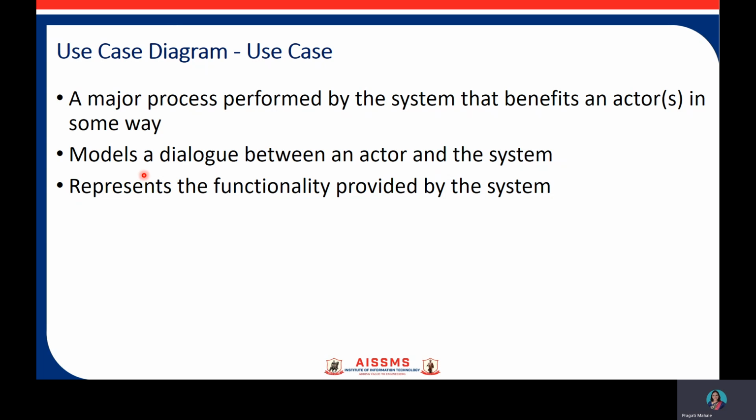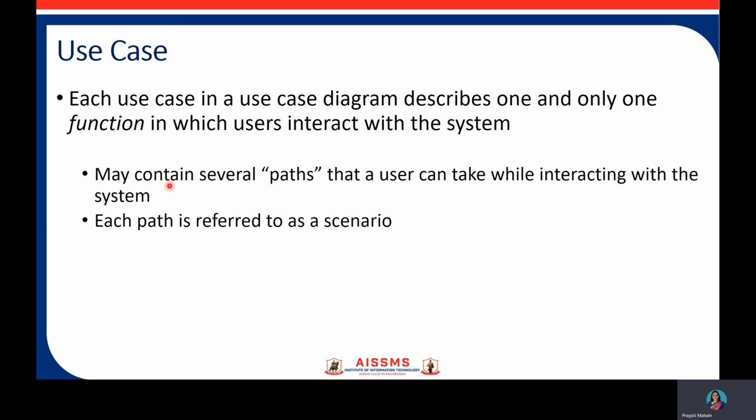Use case models a dialogue between the actor and the system, and it represents the functionality provided by the system. Each use case describes one and only one function in which the user interacts with the system.